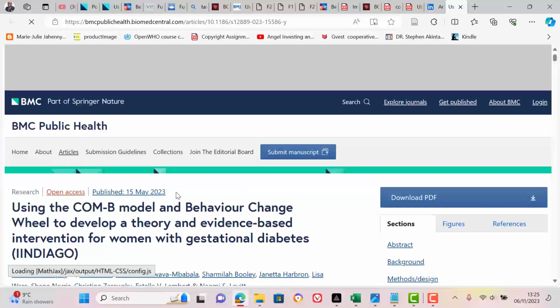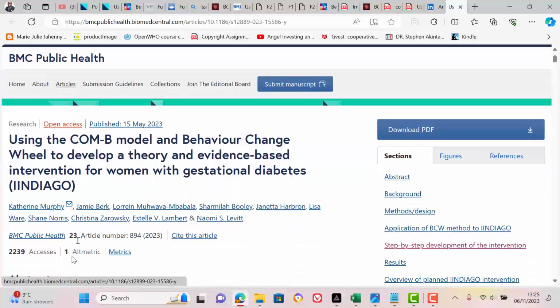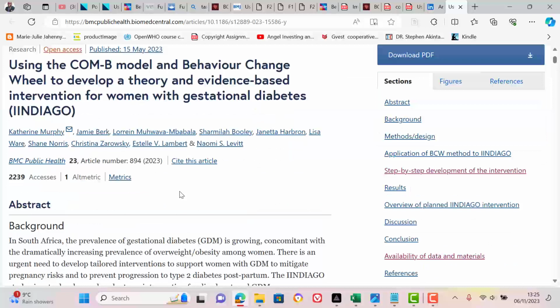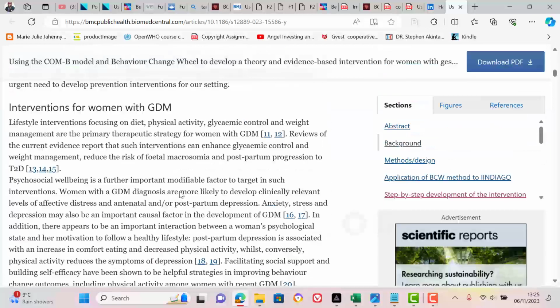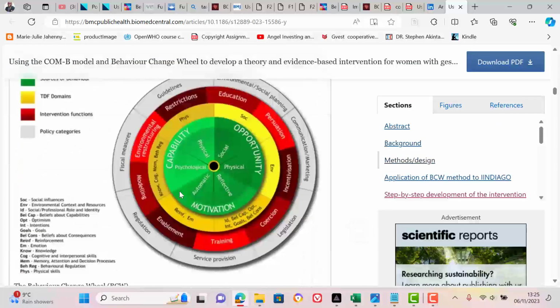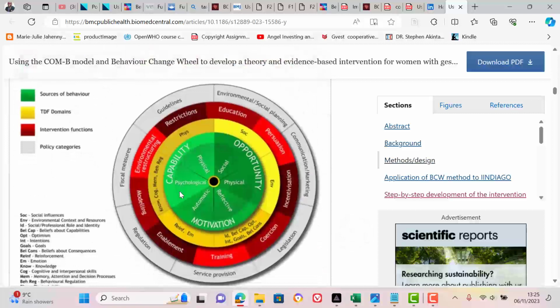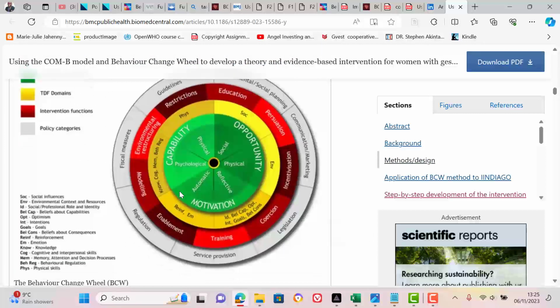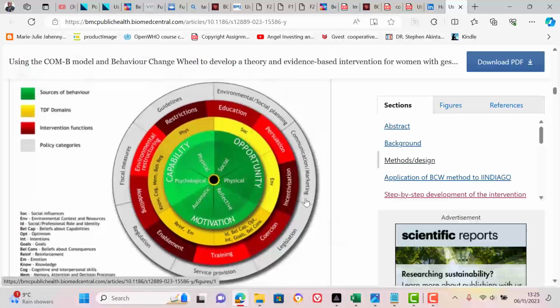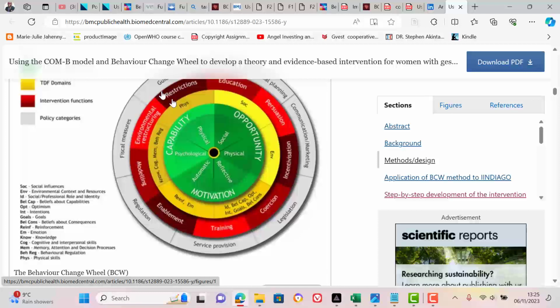Okay, so this example is from Catherine Murphy et al., published in 2023. So it's a recent article, and they did very good work here. Sorry, in this picture, let me zoom so that you see it well.